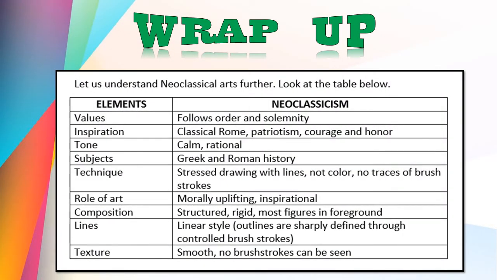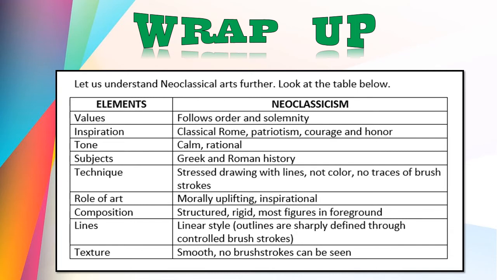Let us understand neoclassical arts further. Look at the table below. The elements and the neoclassicism. The values: it follows order and solemnity. The inspiration: classical Rome, patriotism, courage and honor. The tone: rational, with subjects of Greek and Roman history.